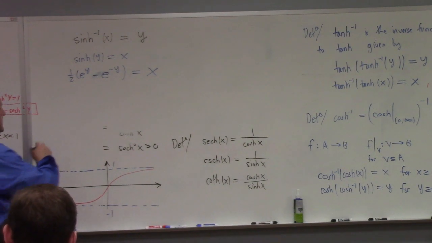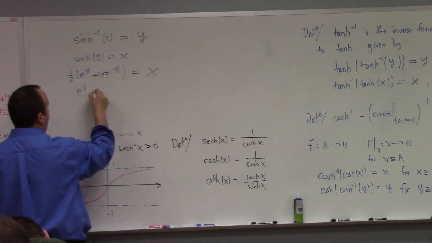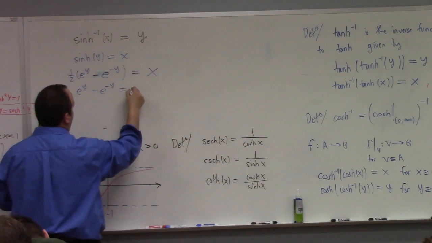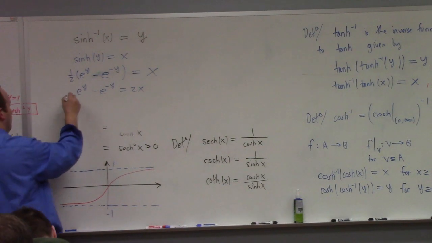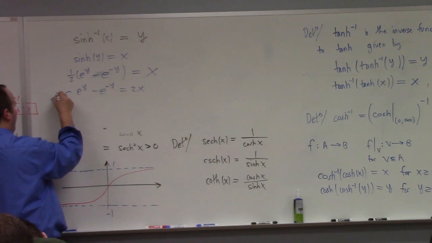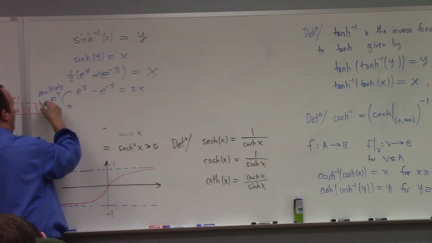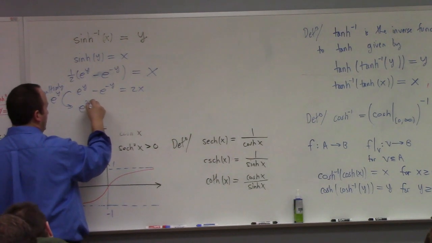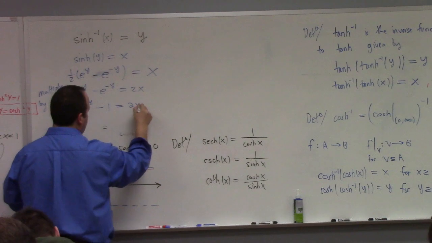I multiply by, well, this will not be weird, I'll just multiply by 2. Now I'm going to multiply this by e to the y. That gives us e to the 2y minus 1 equals 2x e to the y.